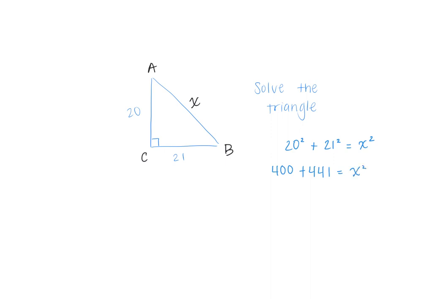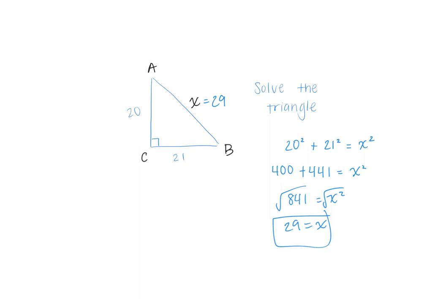This is then 841, and then we want to take the square root of that. And we get 29. So 841 equals X squared. You take the square root of both sides, you're going to get 29 equals X. So our hypotenuse right here is 29.